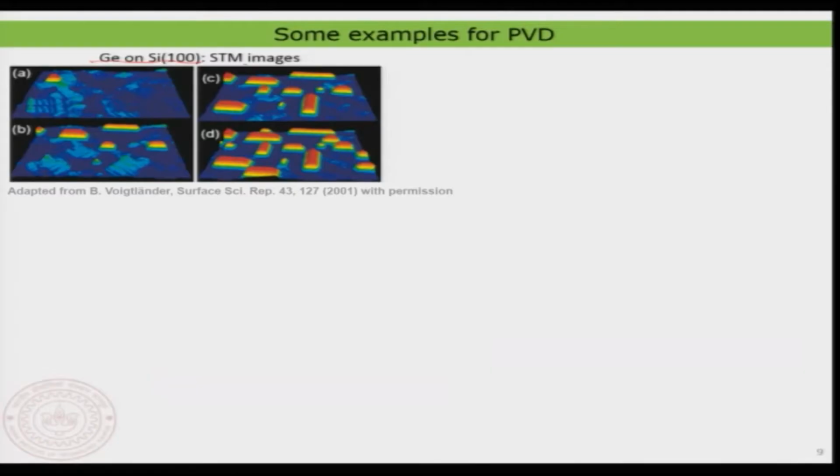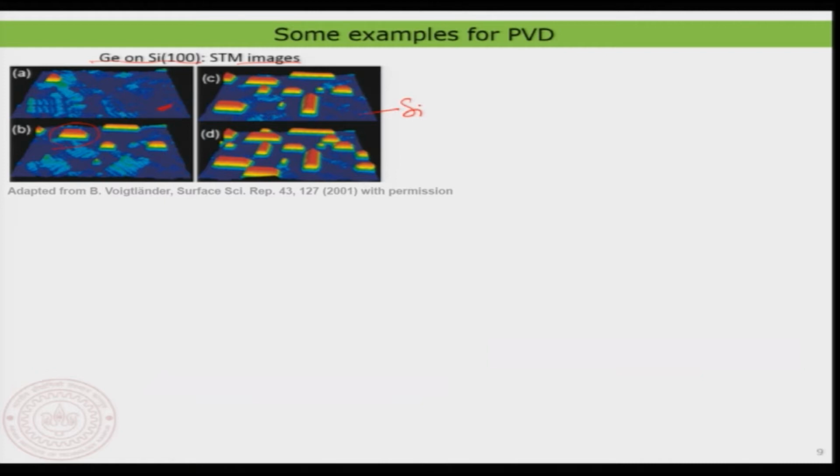Now germanium, when you deposit on silicon 100 surface, these are nothing but STM images. What you are seeing here in A, B, C, D are coverage dependent images. The blue area is nothing but silicon, the silicon surface itself, and what you are seeing here in green and orange color is nothing but the different layers of germanium deposited on the silicon surface.